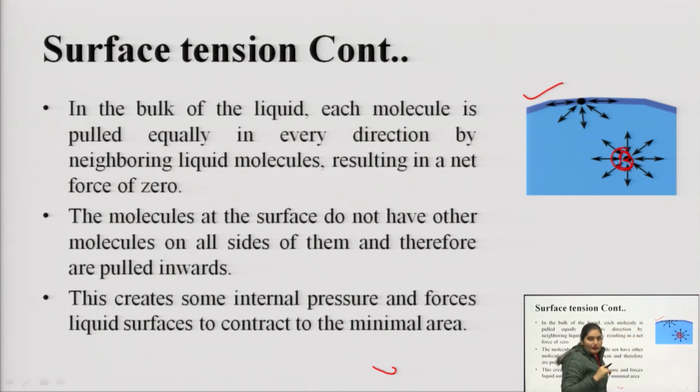There is another molecule existing on the surface, suppose this is S. In this case, the molecule at the surface does not have molecules on all sides of it. There are molecules only at the side and below, and there is no molecule that lies above the interface.